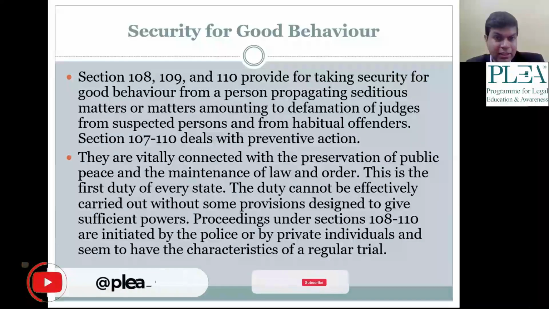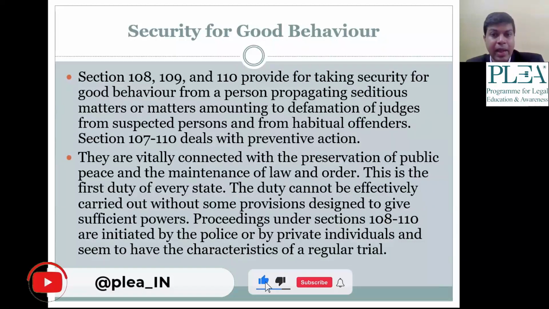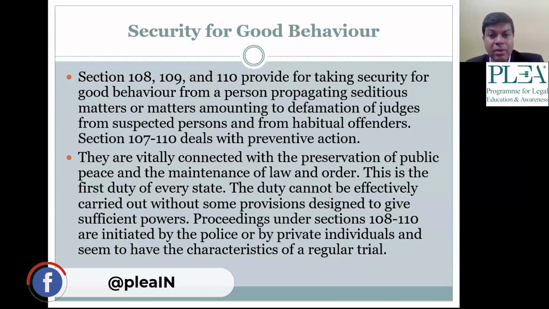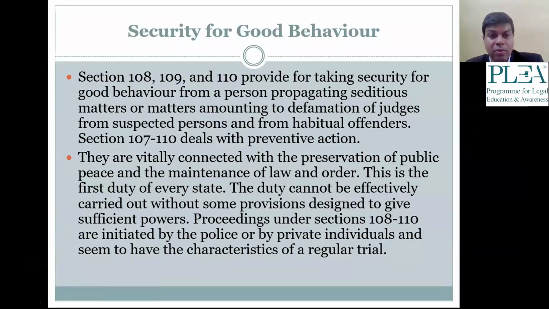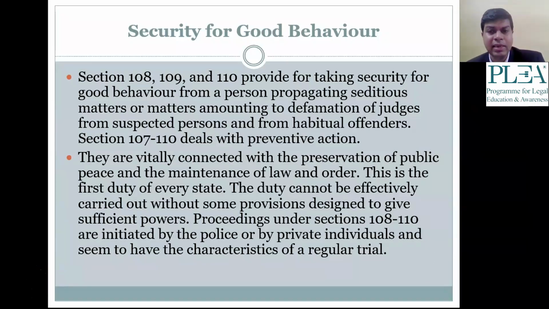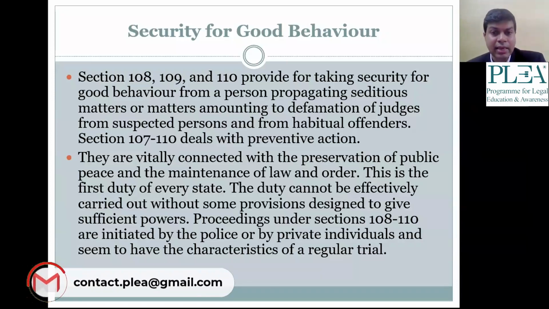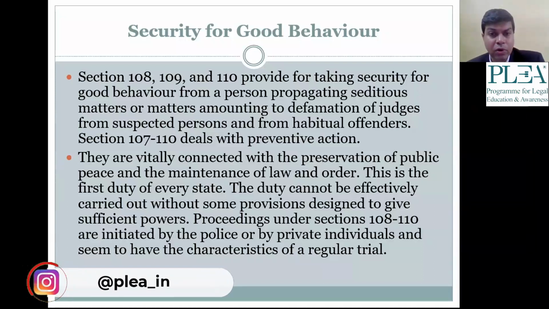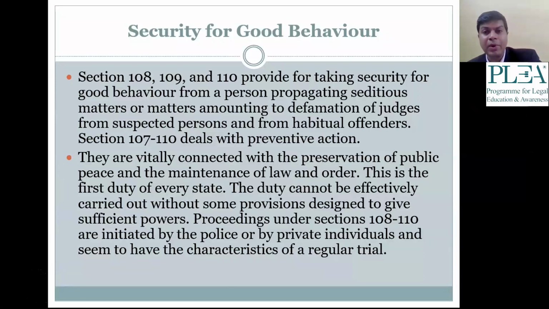So sections 108, 109 and 110 provide for taking security for good behavior from a person propagating seditious matters or matters amounting to defamation of judges, from suspected persons and from habitual offenders. So if there is any sedition matter, or any defamation matter against the judges, then security for good behavior is taken from a person.